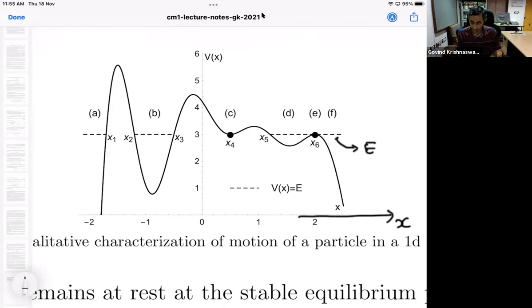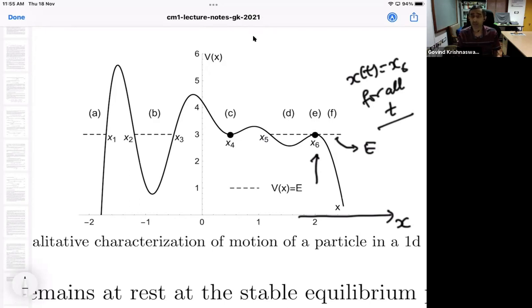We observed last time that x6 is an unstable static solution, where x as a function of time is equal to x6 for all t. So that is a solution of the equations of motion. Why is it a solution of the equations of motion?